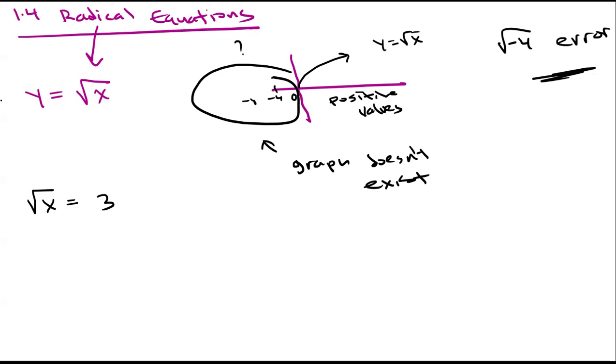What are the two equations? Exactly. So y1 is equal to square root of x, and the other one is going to be y2 is equal to 3. We just established that y equals square root of x looks something like this, right?